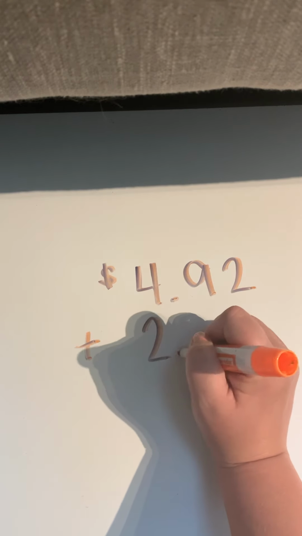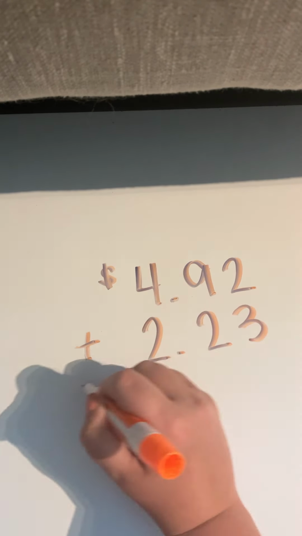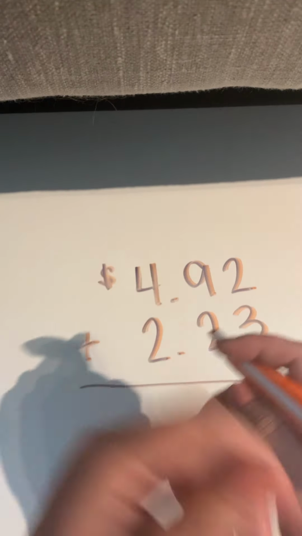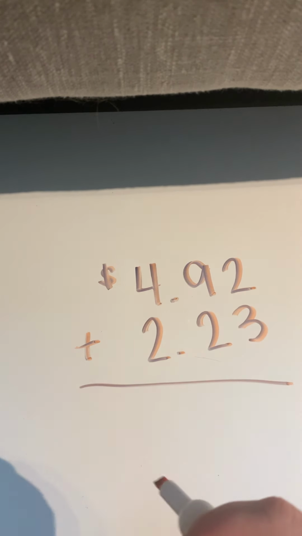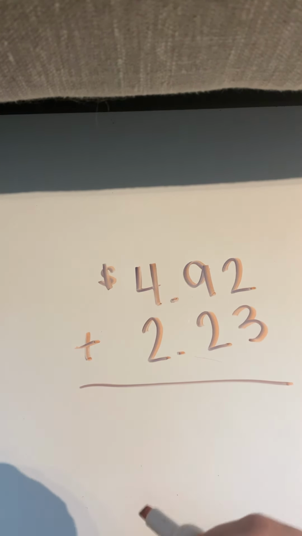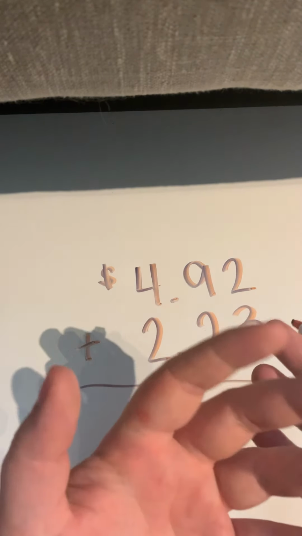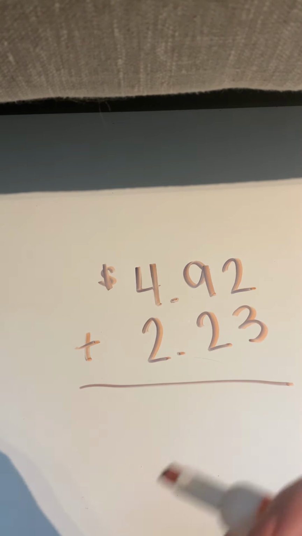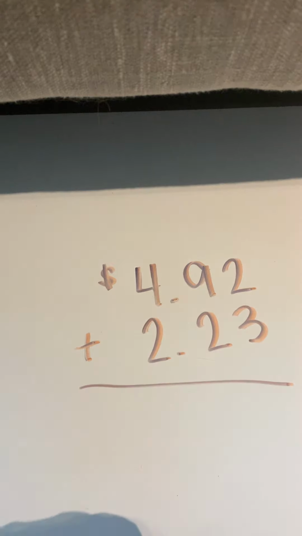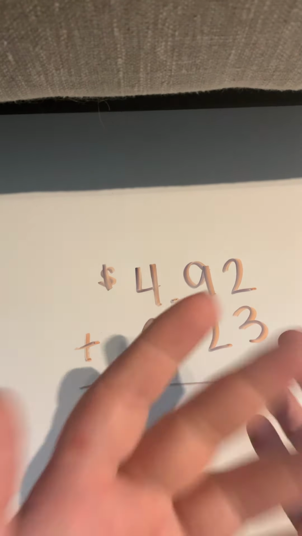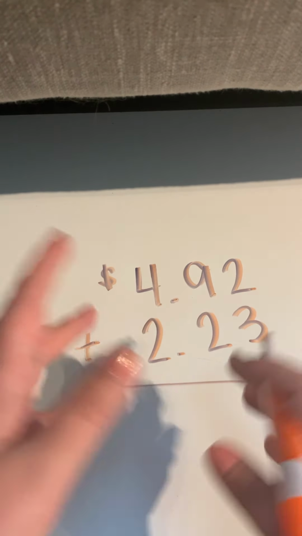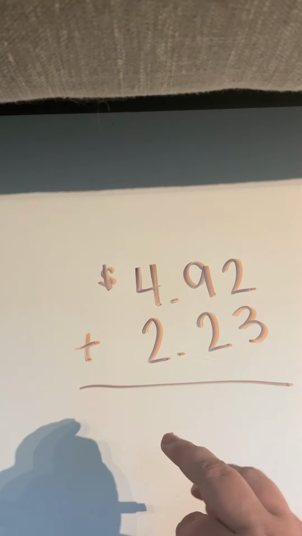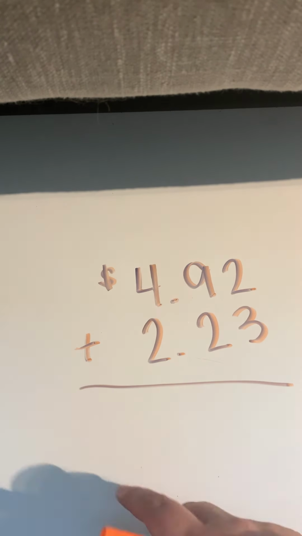We'll say that that's about $2.23. Before I go into the grocery store, I'm going to want to estimate about how much my groceries are going to be in order for me to budget, in order for me to know if I have enough cash, because if you get to the counter and you don't have enough, then that's when it becomes a problem. So it's really important to know how to estimate decimals, especially when it comes to using money.